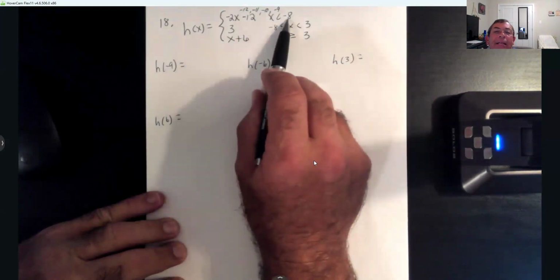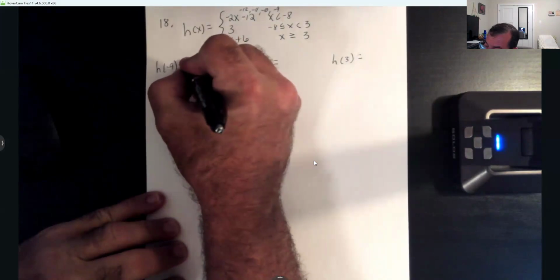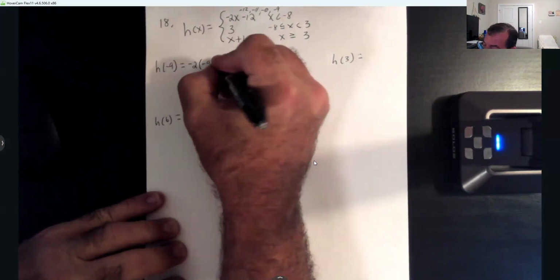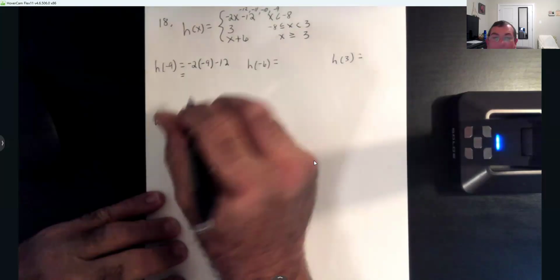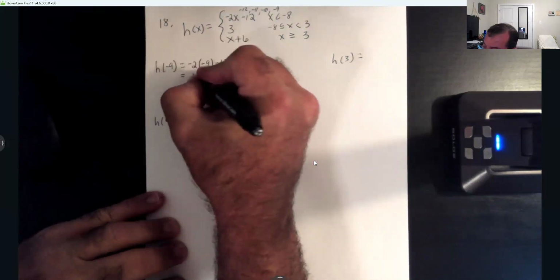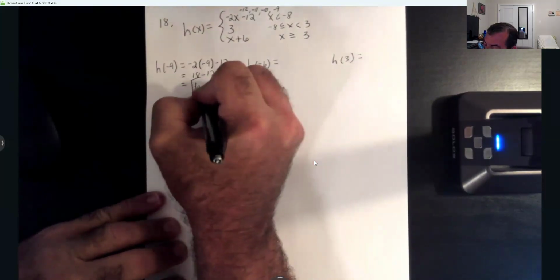So negative 9 is less than negative 8. I use the first equation. So that'll be negative 2 times x, which is negative 9, minus 12. Negative times negative makes a positive 18 minus 12, which is 6.